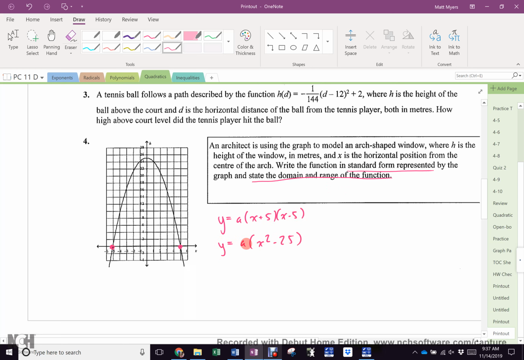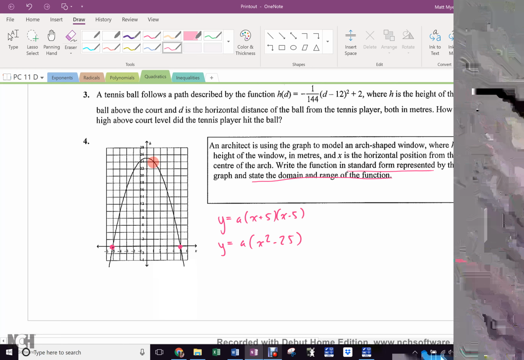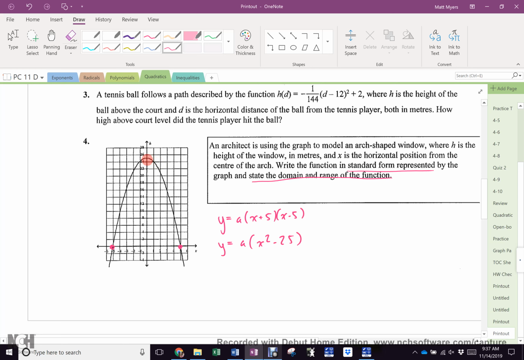Now I have to find my x's and y's, so I've got to choose a point. So 1, 24 looks okay. I'm at 25, I think, and 24. So it looks like over 1, down 1. But I can't be sure of that 25, can I?